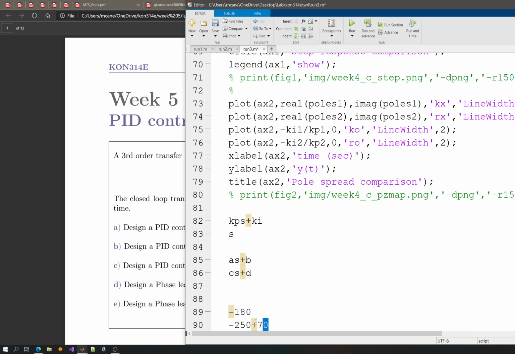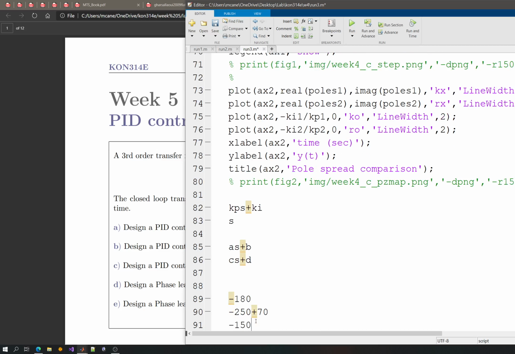This means that I need a phase lead controller since I have a positive angle contribution. It might also be possible that I'm at minus 150 and I need to take 30 degrees away from the angle. So this means that I will have a phase lag controller since I am negatively contributing to the angle condition here.